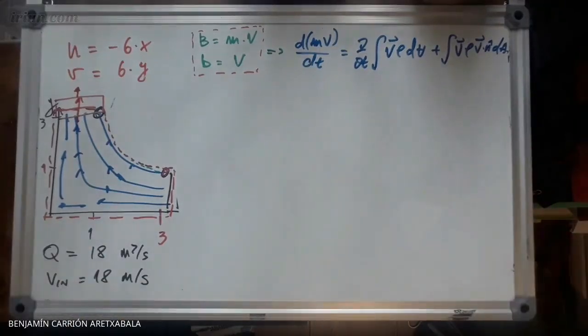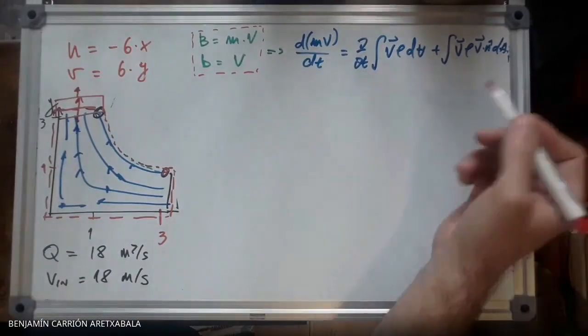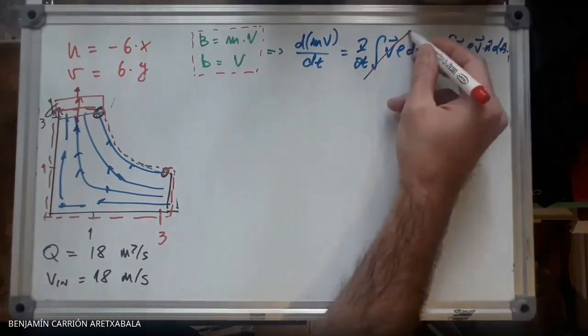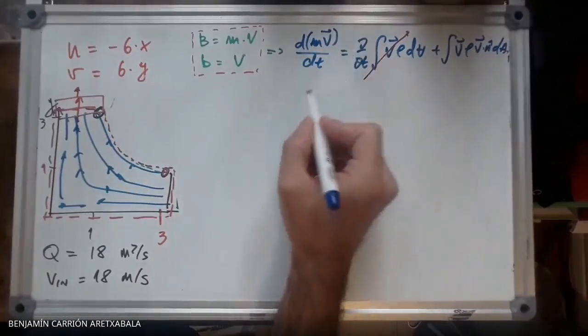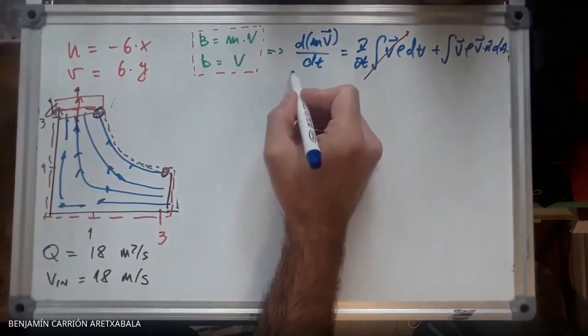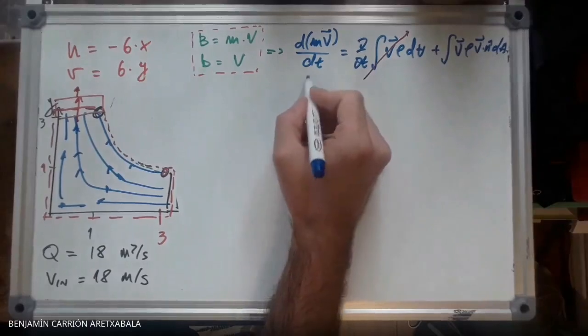Now, if we assume that we have steady state, which is a very common assumption, then this is going to be 0, right? And you know from physics, what is the derivative of the momentum?